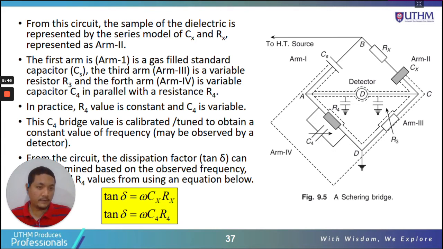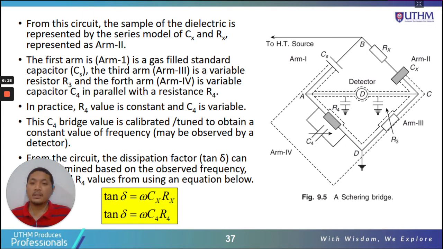And then the fourth arm has a variable capacitor C4 in parallel with a fixed resistor R4. So we have two parameters that we can vary, which are R3, the resistor in arm 3, and the capacitor C4 in arm 4.